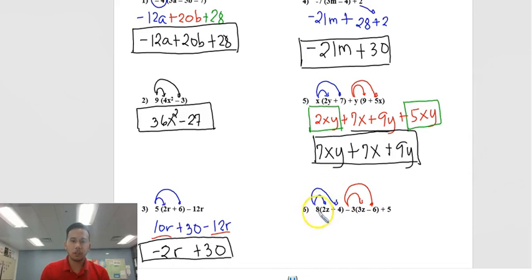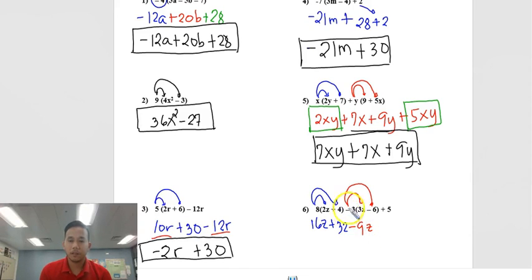Using blue color, 8 times 2 will give us 16z, okay, plus you multiply 8 times 4. Your 8 times 4 will give you 32. Okay. Next is negative 3 times 3 will give me negative 9z.